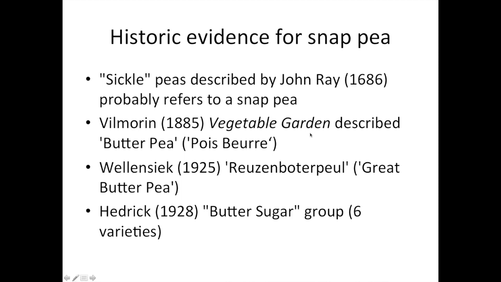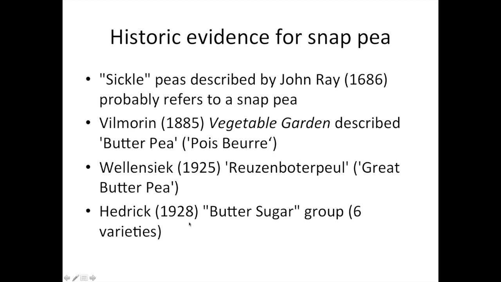Vilmorin in his vegetable garden described what he called butter peas, which based on the pictures were snap peas in the description and pictures. Wellensiek, a pea researcher in 1925, was working with what he called the great butter pea, which appears to have been a snap pea.